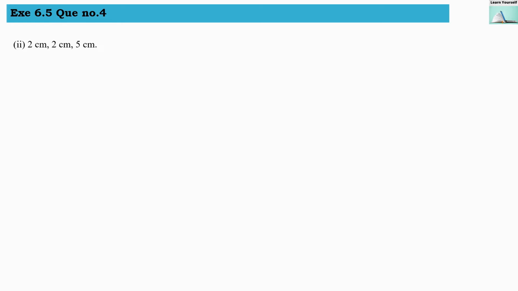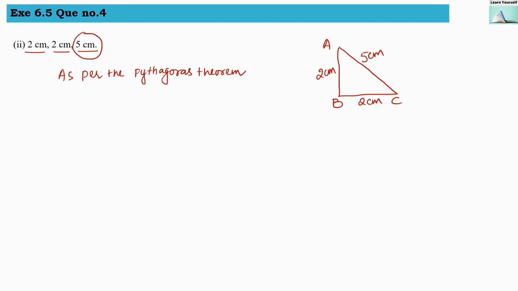Our second numerical. Let us draw the right angle triangle first and give the names A, B and C. As per the given measures, we have three sides: 2 centimeter, 2 centimeter and 5 centimeter. The longest side will be our hypotenuse, that is AC. So this side's measure will be 5 centimeter and the other two sides will be 2 centimeter. As per the Pythagoras theorem, we are going to check whether this triangle is right angle or not. AC square will equal AB square plus BC square.